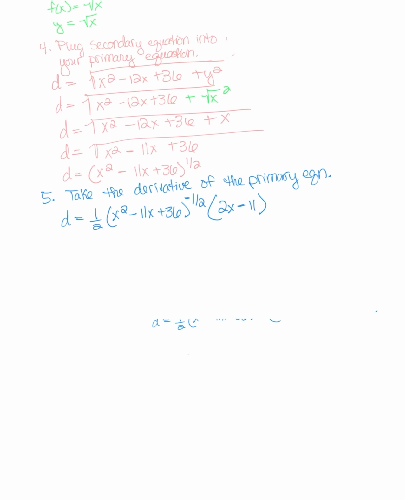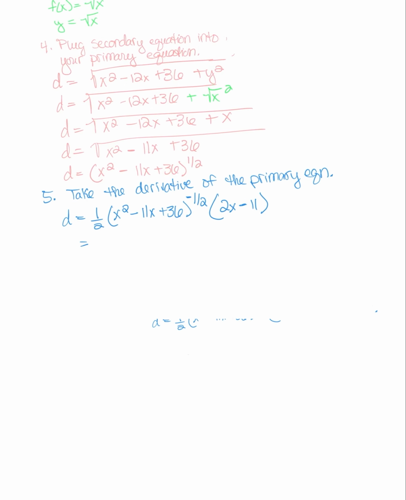All right, so let's look at this here. Oops. Don't forget your notation, d prime. All right, so what I have right now is a 1 over 2, and this 1/2 goes back into the bottom here. X squared minus 11x plus 36 times 2x minus 11.